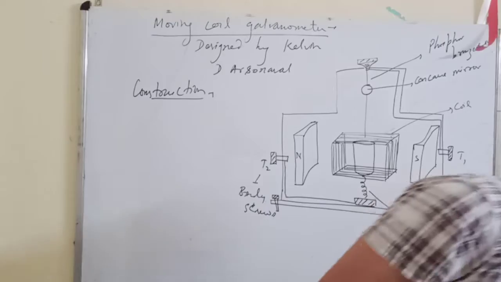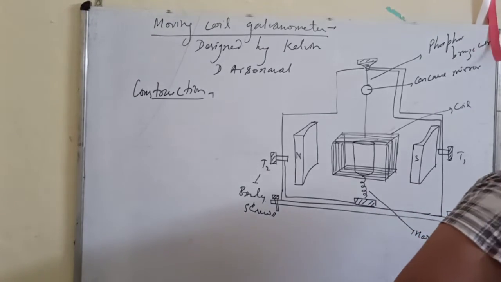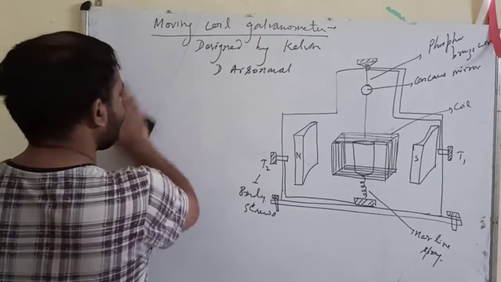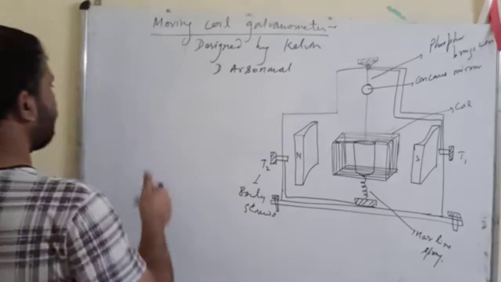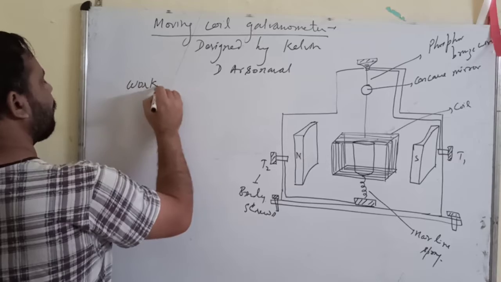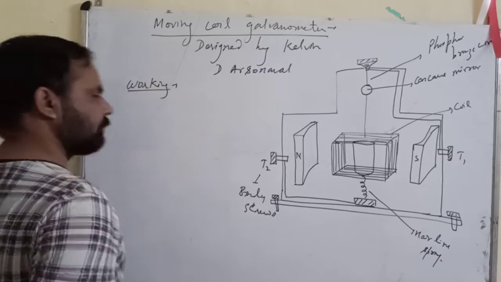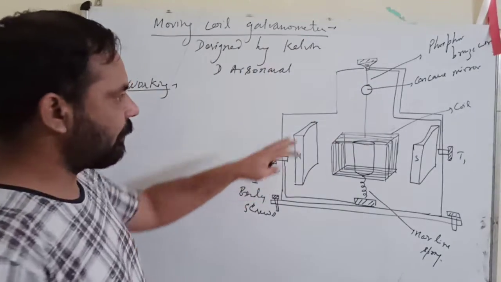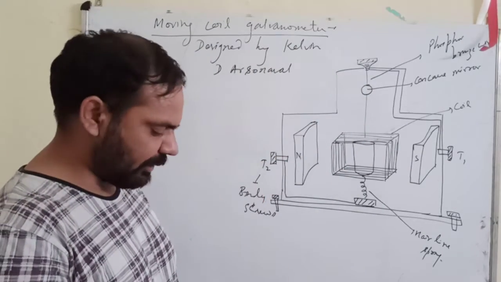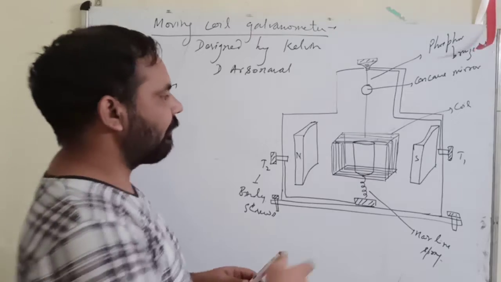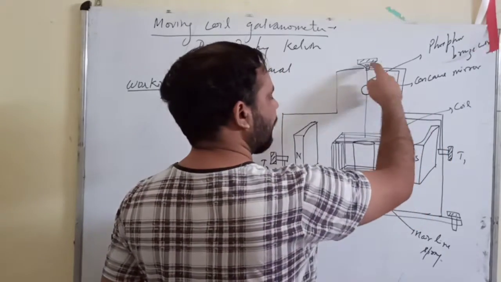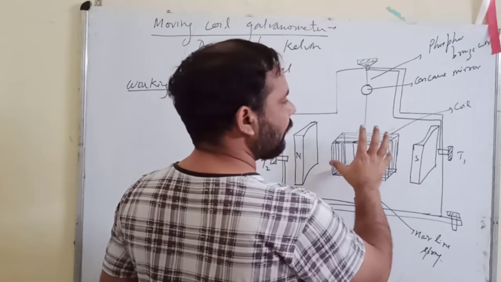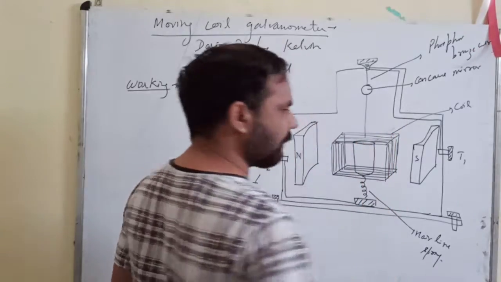Now next is the working. Let us suppose that we pass the current through it. When we pass the current through T1 and it moves through the circuit, when the current passes through the coil, there will be a deflecting torque acting on the coil.